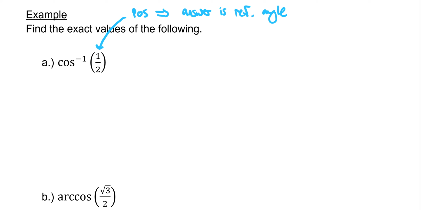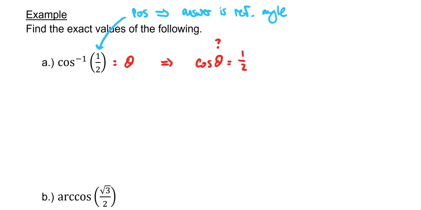So cosine inverse of 1/2. Once again, if you like to show all of your work here, we know that the answer is an angle. It's going to be a reference angle because it is a positive 1/2. We can rewrite this, if you like to think of it like this, as cosine of theta equals 1/2. And then we're asking ourselves, cosine of what reference angle equals 1/2?